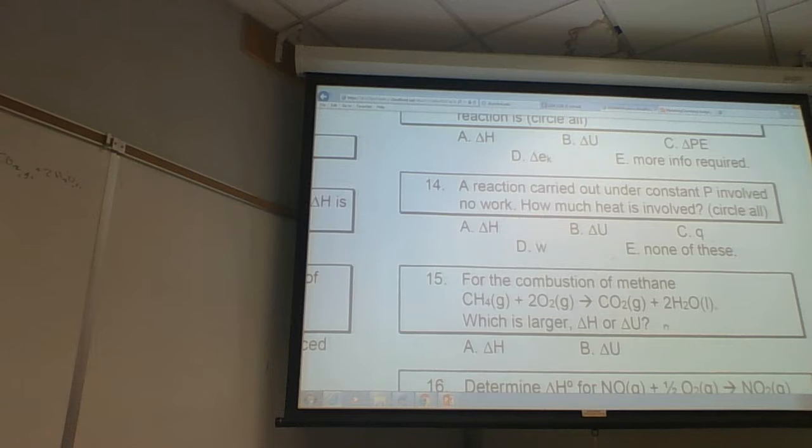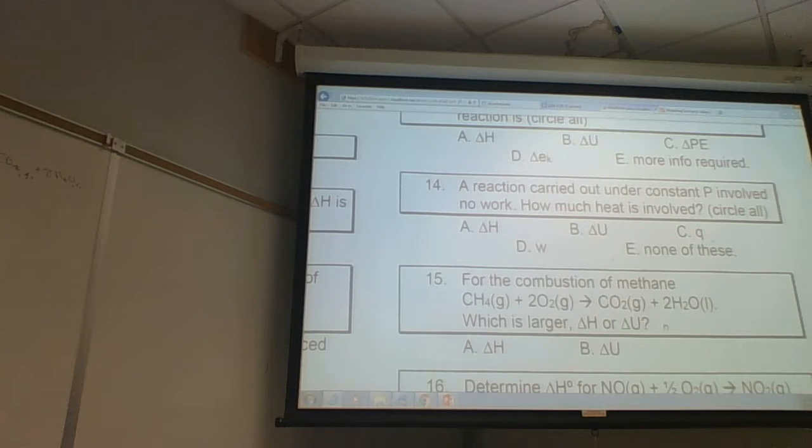Let's say I took 40 mils of sodium hydroxide and added 40 mils of HCl. So I started off with 80 mils. How many mils am I going to end up with? The same. I'm going to end up with 80 mils. The total volume initial versus the total volume final is the same. So it's constant volume.